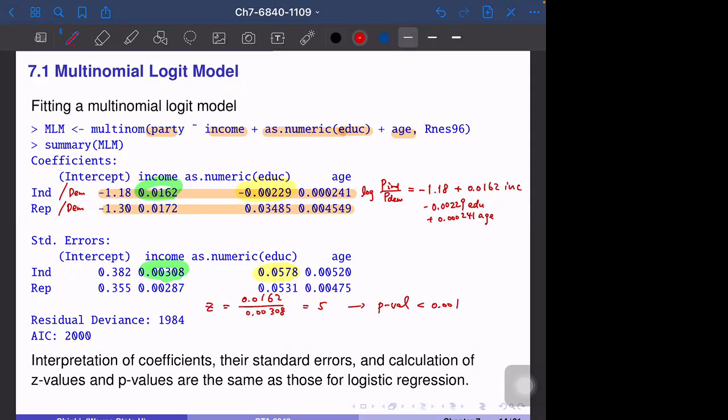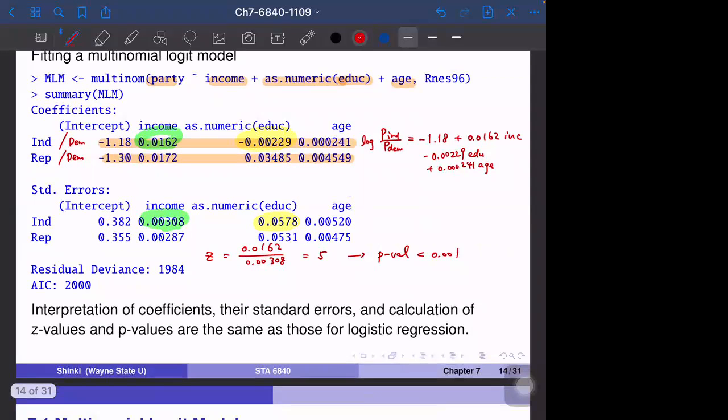And this is basically like logistic regression, so you can calculate the log likelihood and AIC and so on. Deviance is negative 2 times log likelihood, and AIC is that plus the number of parameters times 2. So this is the negative 2 log likelihood plus 2p, where p is the number of parameters.